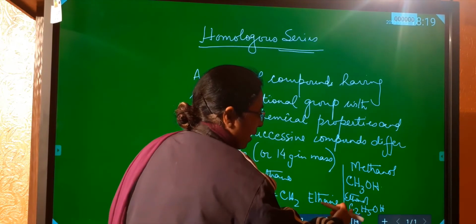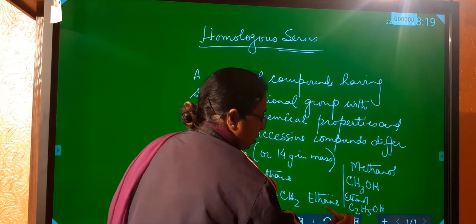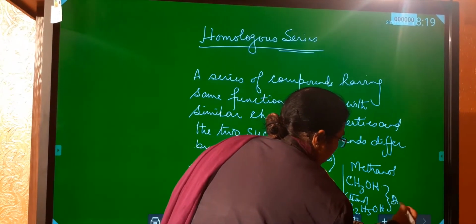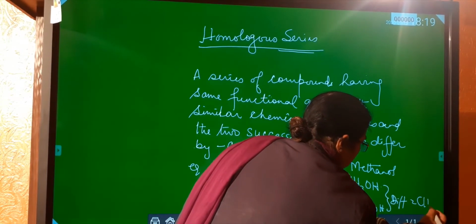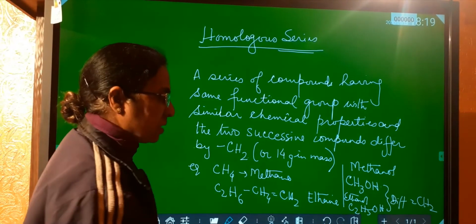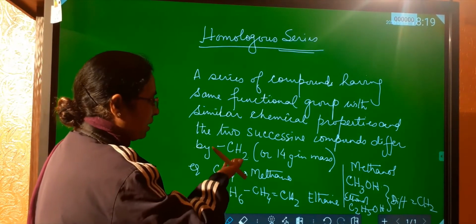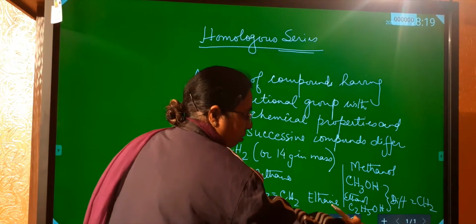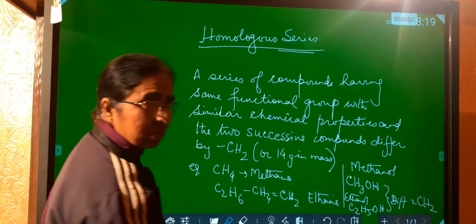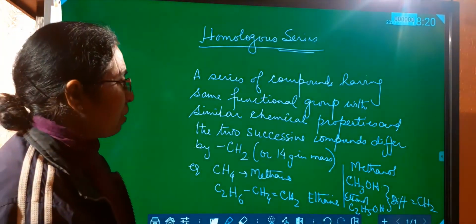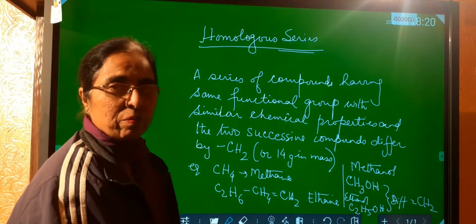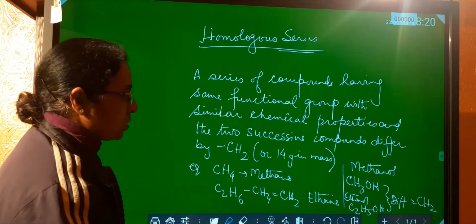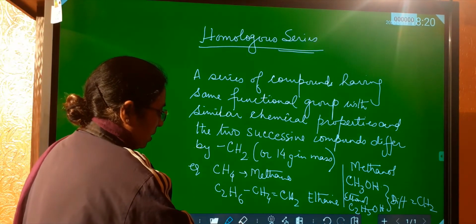If you subtract ethanol minus methanol, the difference will again be equal to 1 CH2. So similarly we will have methane, ethane, propane, butane, and methanol, ethanol, propanol, butanol, etc. They form a series of compounds, and we call these series of compounds a homologous series.